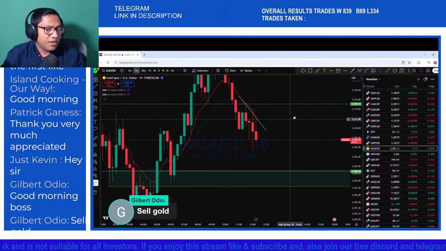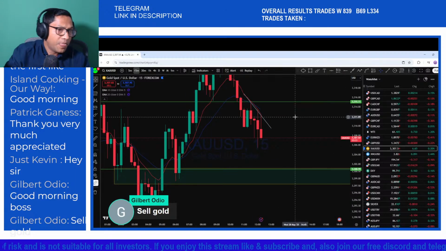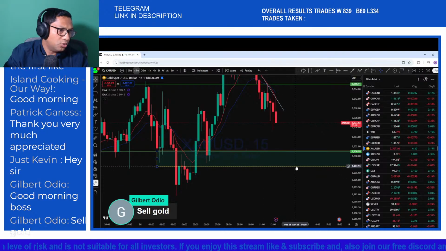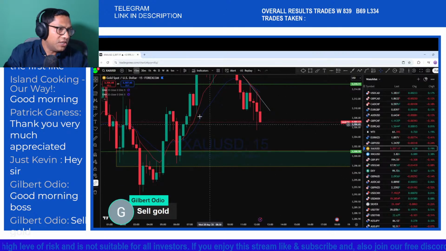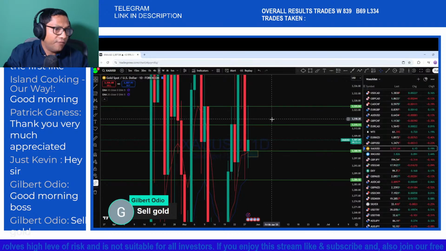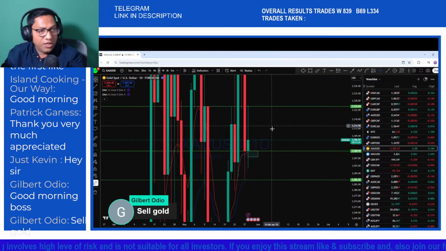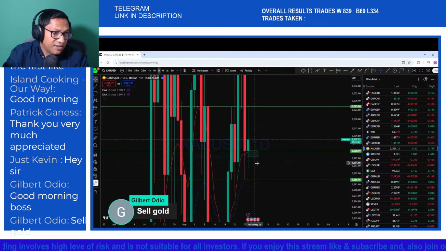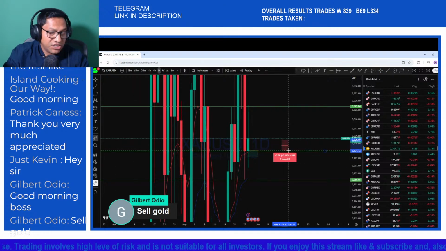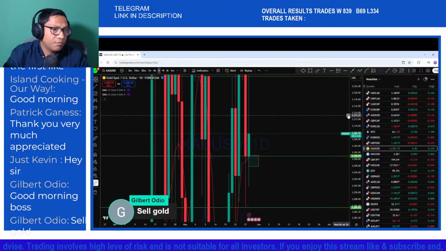This is a significantly bear market at the moment, and I think this is the zone where you could see the price coming here to retest the daily support. From this daily support, if the price comes here to retest, we may see a possible rejection back to the upside.